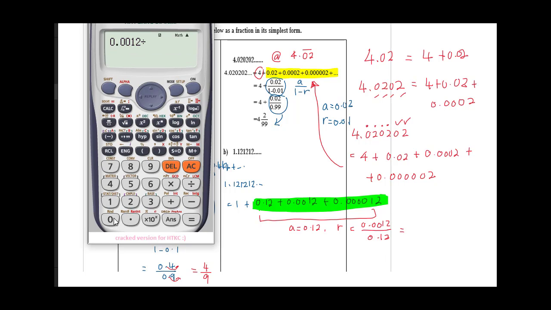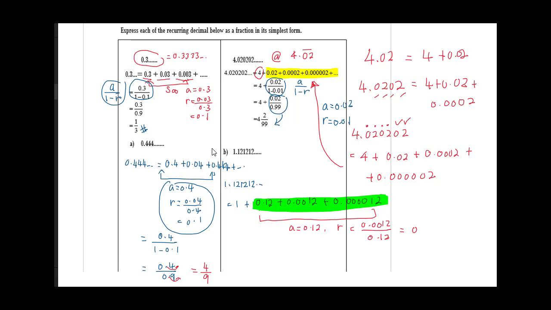If you don't believe it, just use a calculator if you are not sure. It is 0.01. Therefore, we can write it as 1 plus 0.12 over 1 minus 0.01, which is 1 plus 0.12 over 0.99. So it can be said that it's 12 over 99, and it can still be simplified again.